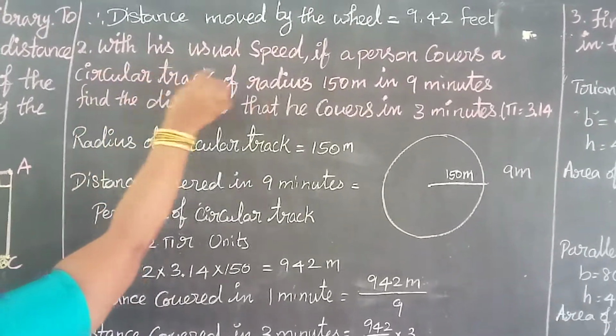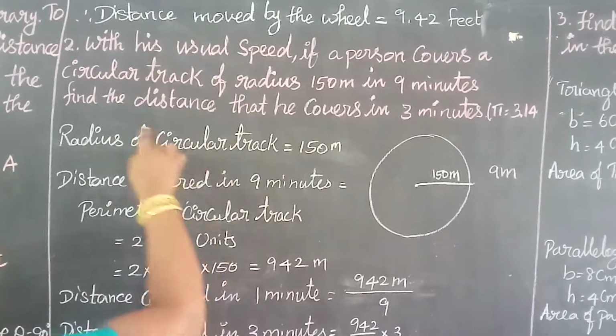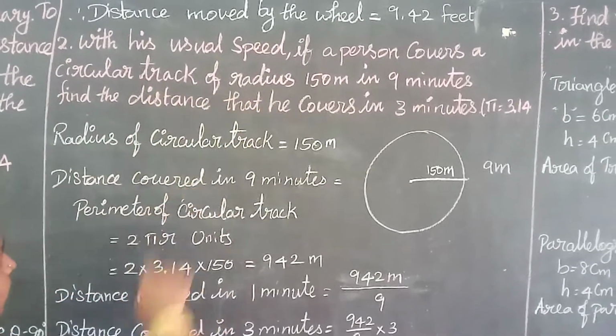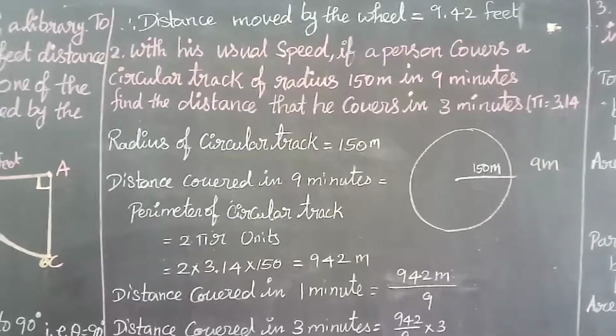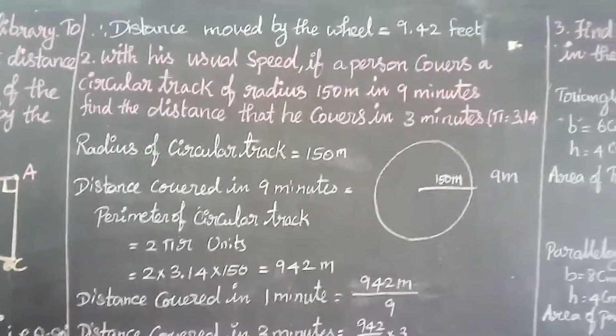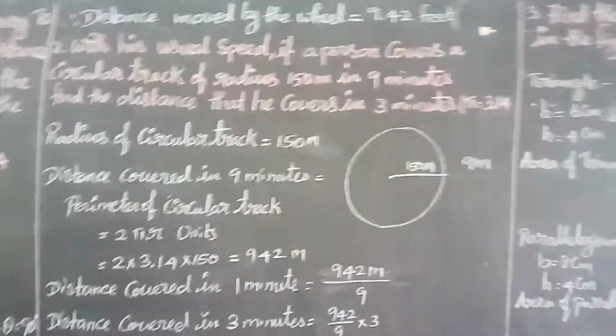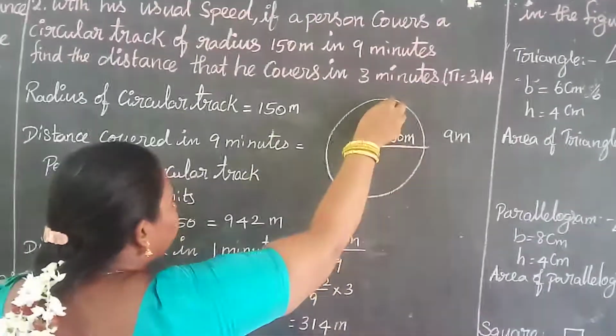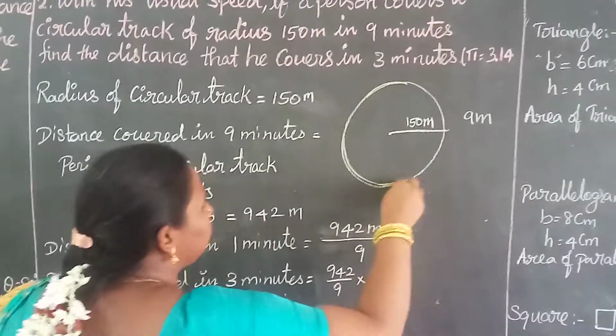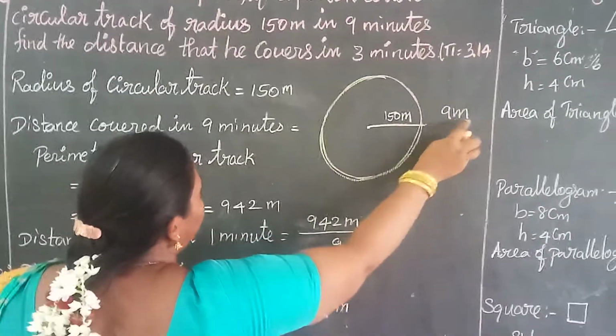With his usual speed, if a person covers a circular track of radius 150 meters in 9 minutes, find the distance that he covers in 3 minutes. So one circular track is there. A person covers this full circular distance in 9 minutes.